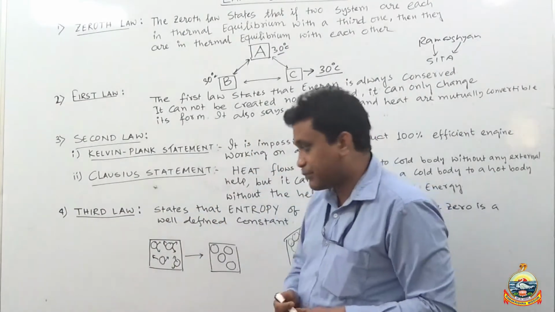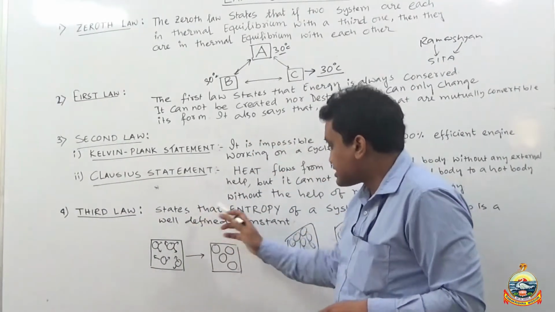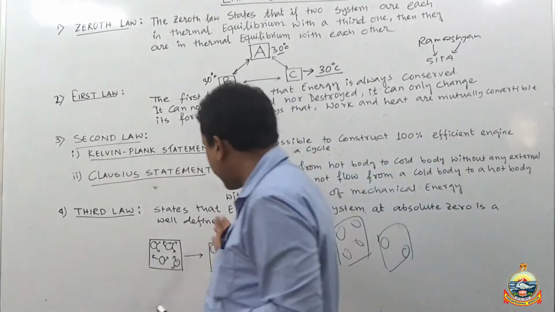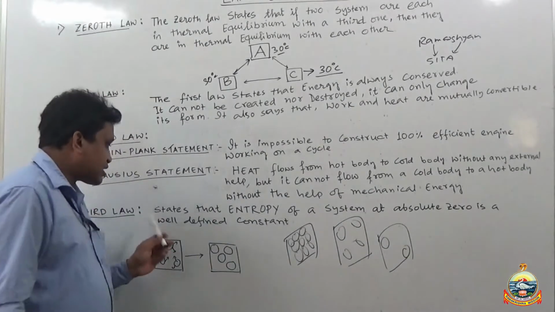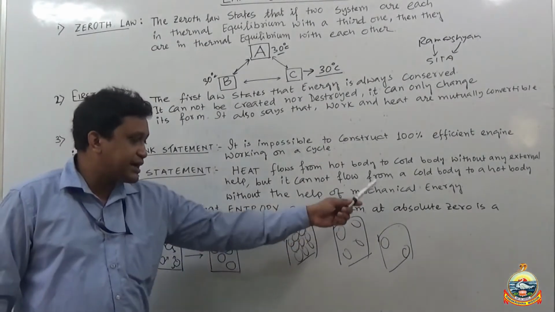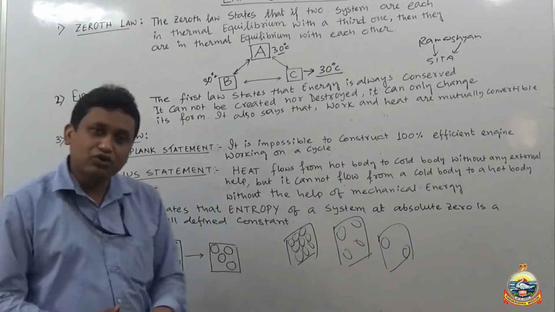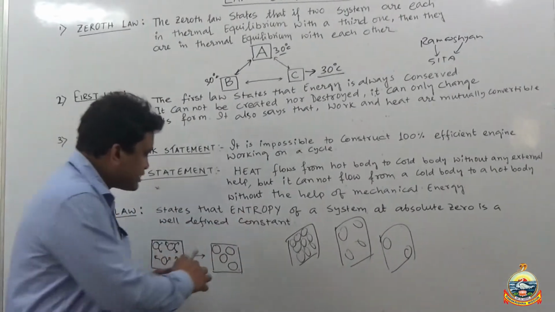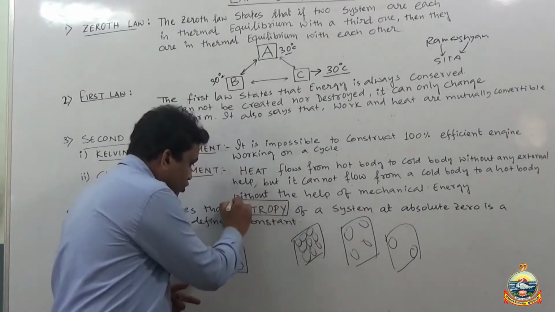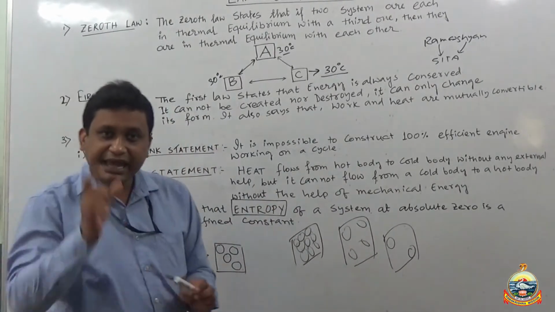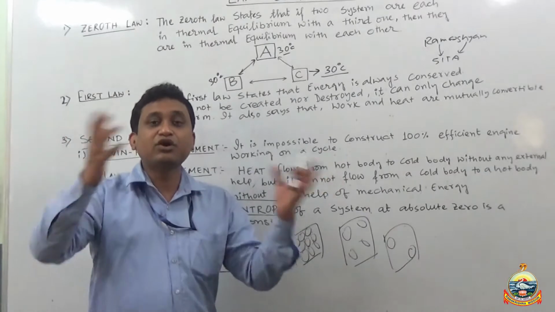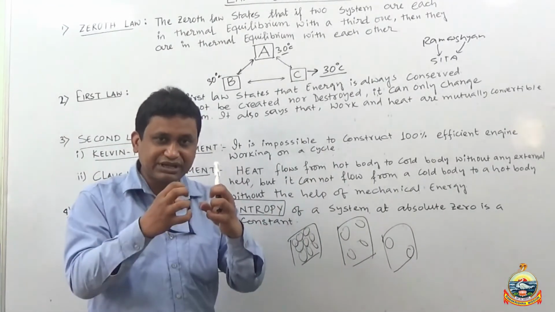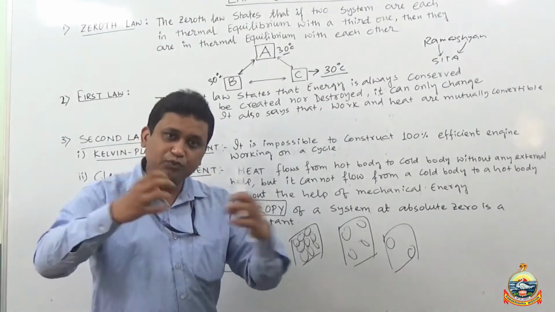I will read out the statement once. The third law states that the entropy of a system at absolute zero is a well defined constant. So, here you will see a term, entropy. What does entropy mean? Entropy means the randomness of molecules. We know that in any matter the molecules never sit static; they move, okay.